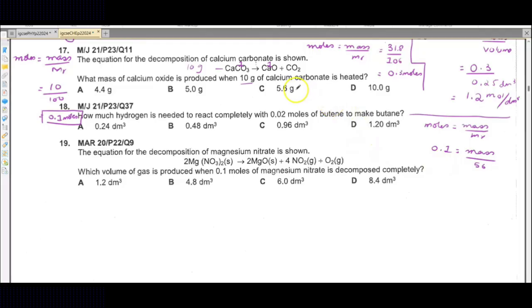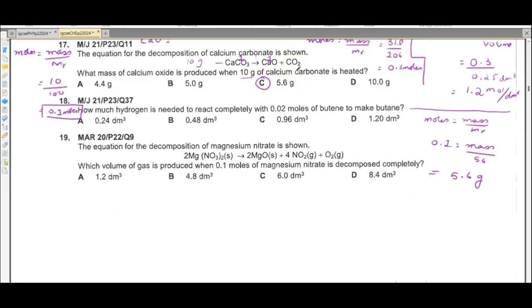Since you guys, I'm pretty sure, know how to find the Mr, for example, for CaO you write calcium and then oxygen, and you are going to add them to find the Mr. Okay? So after multiplying 56 with 0.1, the mass that we are going to get is 5.6 grams. So 10 grams of calcium carbonate when heated produces 5.6 grams of calcium oxide. Okay? And obviously some amount of carbon dioxide gas is also produced.